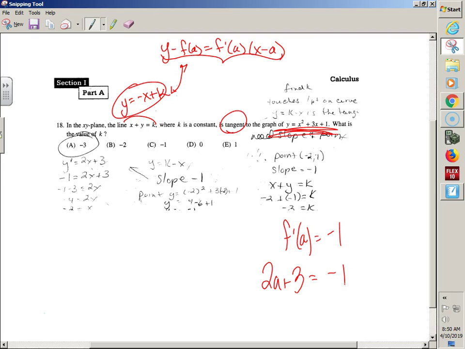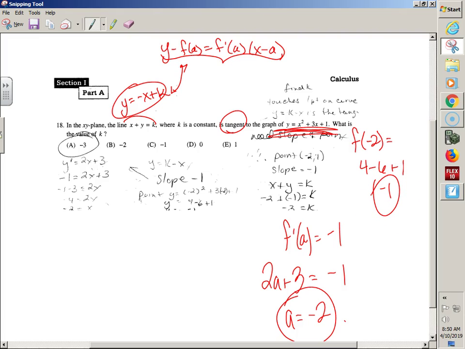Subtract 3, negative 4, so A is negative 2. I can find my A by saying his derivative has to equal negative 1, because I know the slope. Well, wait a minute. If I know A, can't I plug back in? f of negative 2, f of A, is equal to 4 minus 6 plus 1, which would be negative 2 plus 1, negative 1.